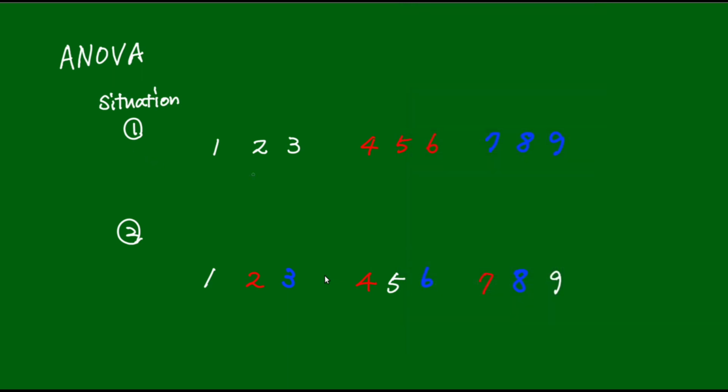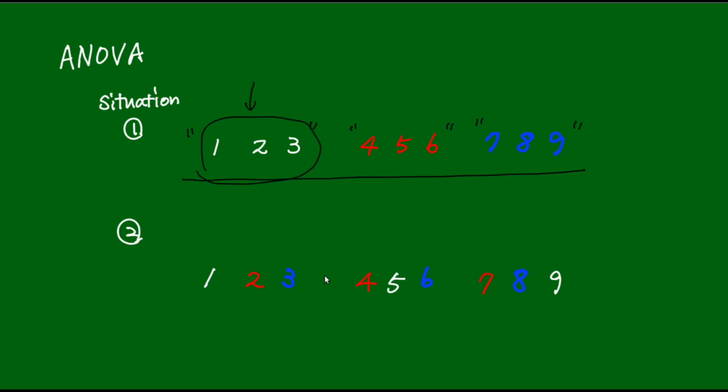So in the first situation, we have 9 numbers, but as you can see, we have 3 numbers whose color is white, then 4, 5, 6 we got red numbers, and for 7, 8, 9 we got blue. This means that these 3 came from the same group.